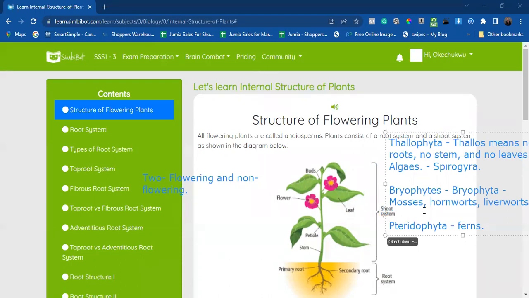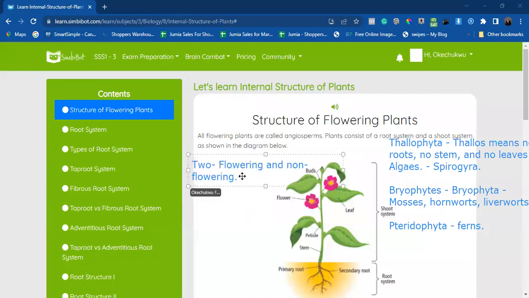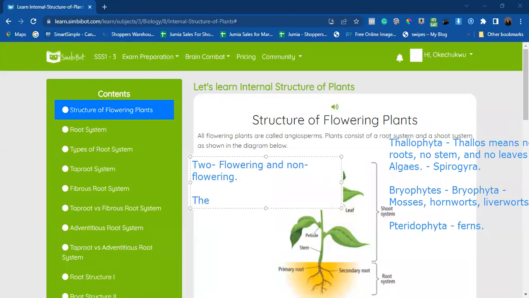The thallophytes, bryophytes, and the pteridophytes are examples of non-flowering plants. Under flowering, we have the angiosperms and the gymnosperms.